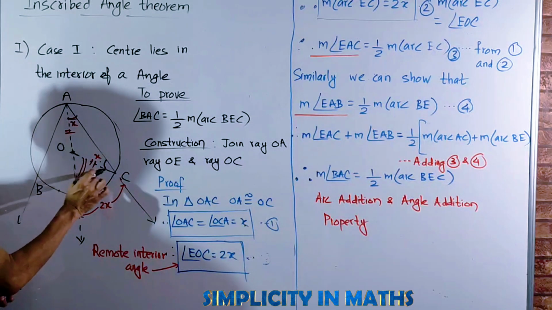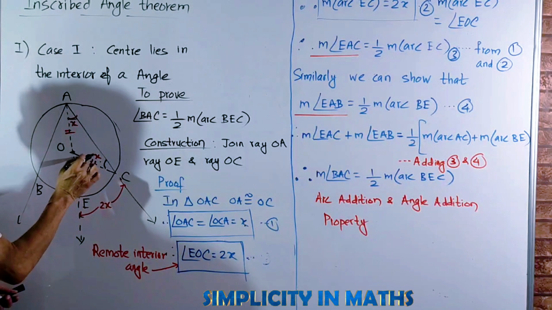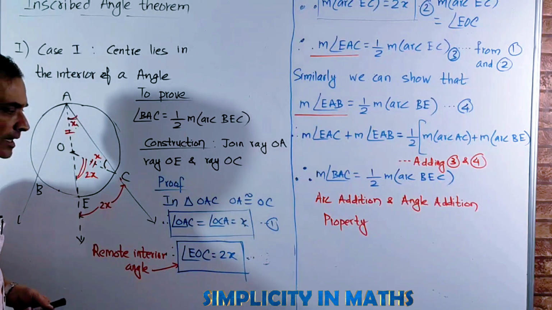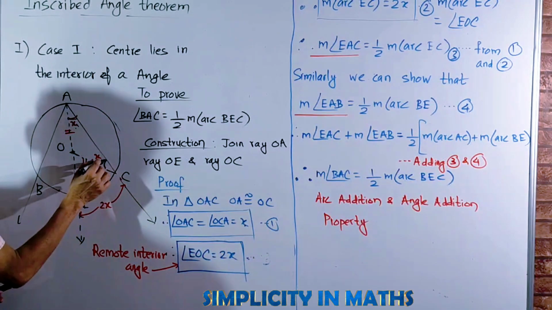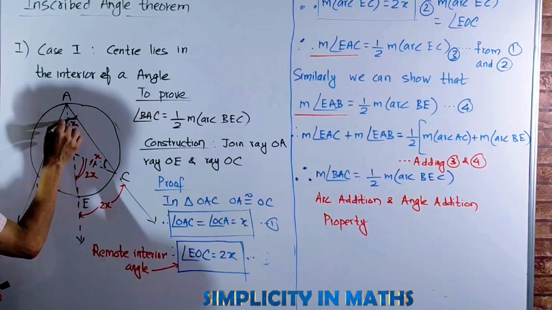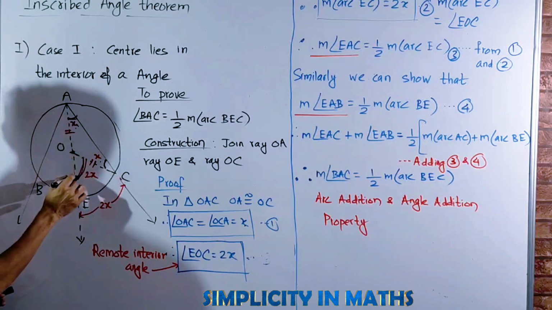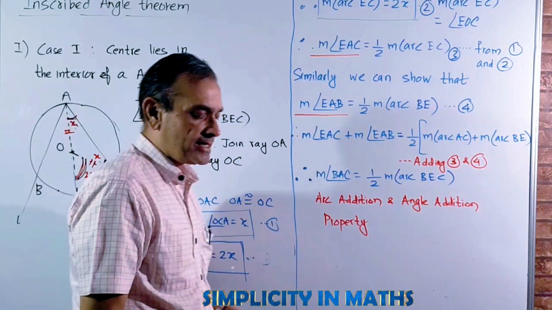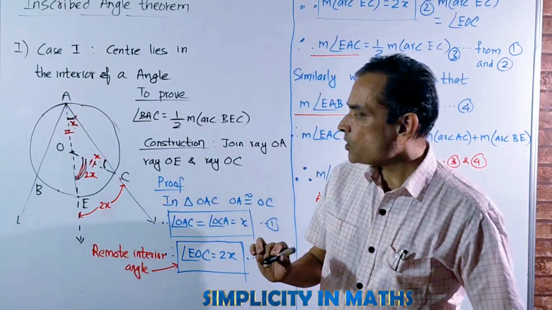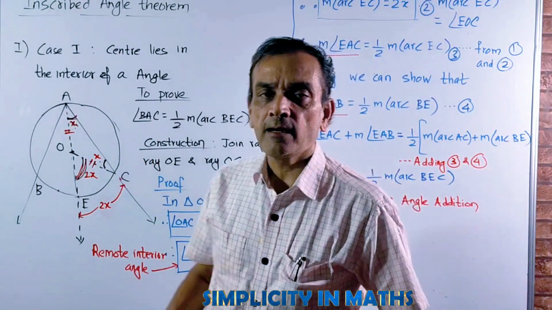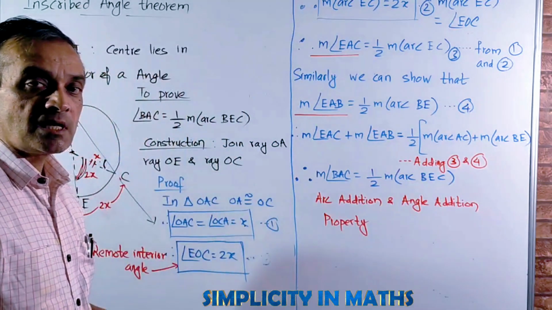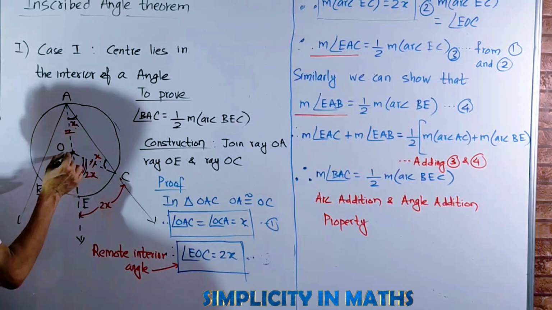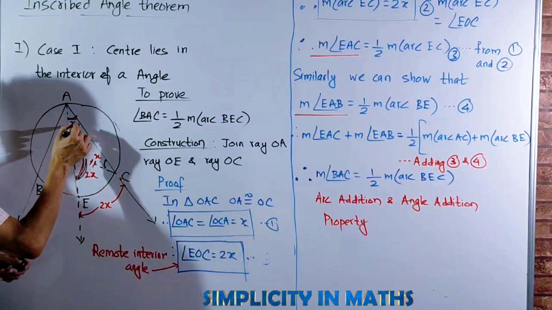So angle EOC is equal to x plus x, that is 2x. This x plus this x gives you 2x. That will be the exterior angle. The property of the theorem says that the measure of the exterior angle is equal to the sum of the two remote interior angles. So for angle EOC, these are the two remote interior angles.